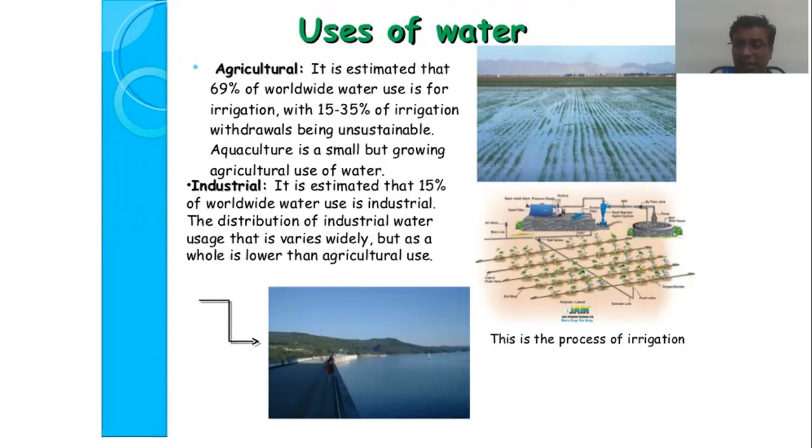And second, non-consumptive use. In the non-consumptive use, mainly hydropower generation, hydroelectric power generation. The water goes from the top and rotates the turbines. These turbines produce electrical energy, that is non-consumptive use.